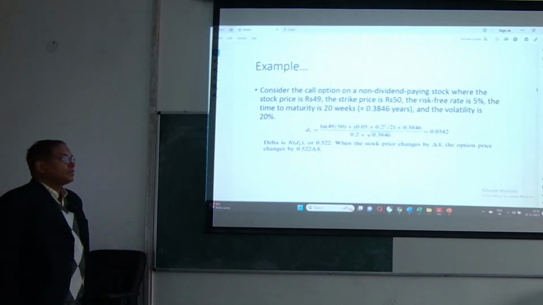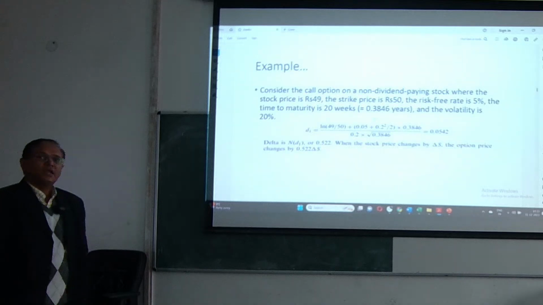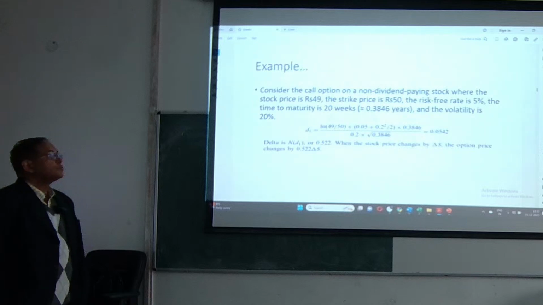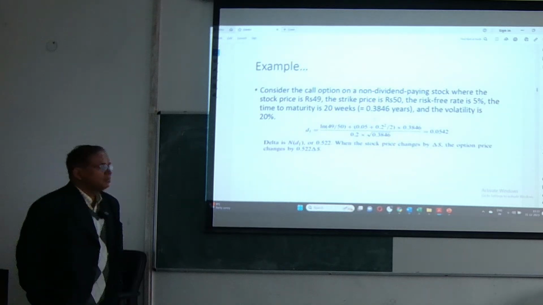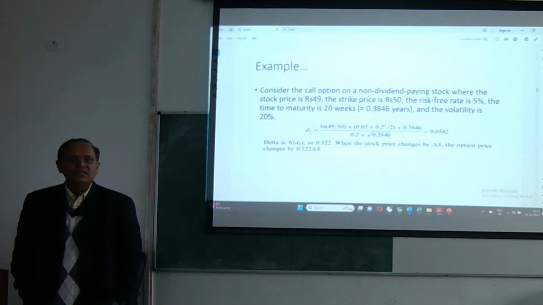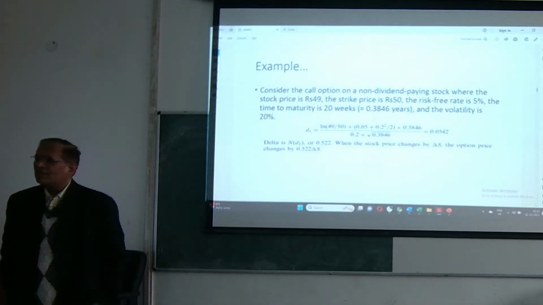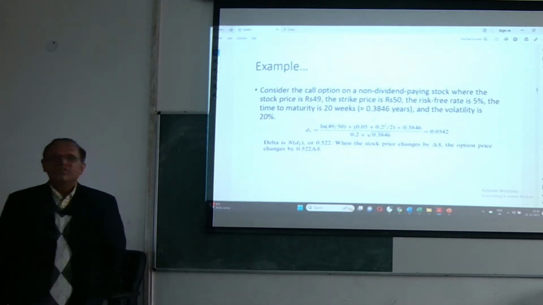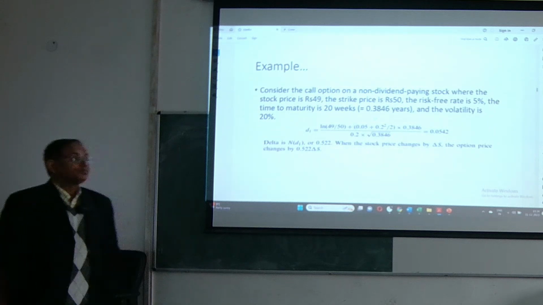Consider a call option on a non-dividend paying stock where the stock price is 49 and the strike price is 50. So, the stock price is 49, the strike price is 50. It is a condition of out of the money in the beginning. It is out of the money because if it is a long call, we will not exercise this option.